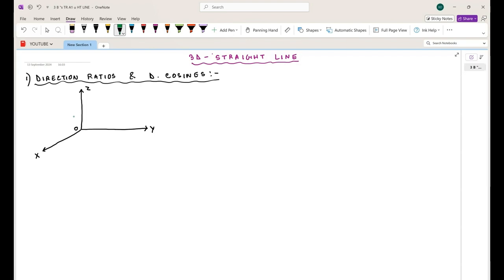So imagine that the line is suspended in the space passing through the origin. So I'm drawing such a line. So obviously this line is in space, okay? So suppose this is the line, let me name it AB.